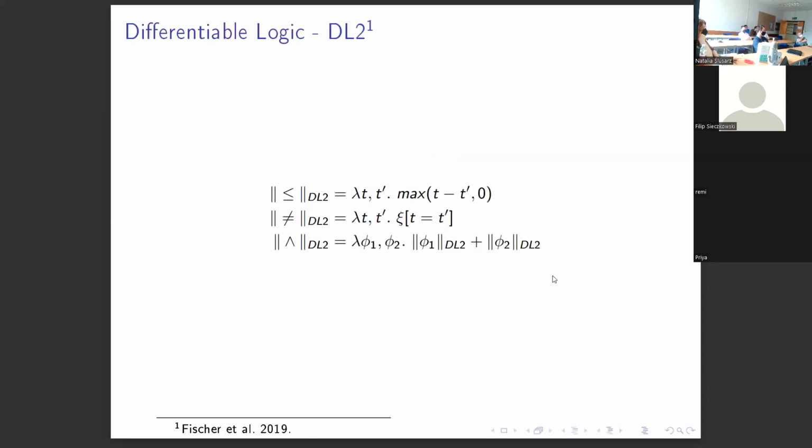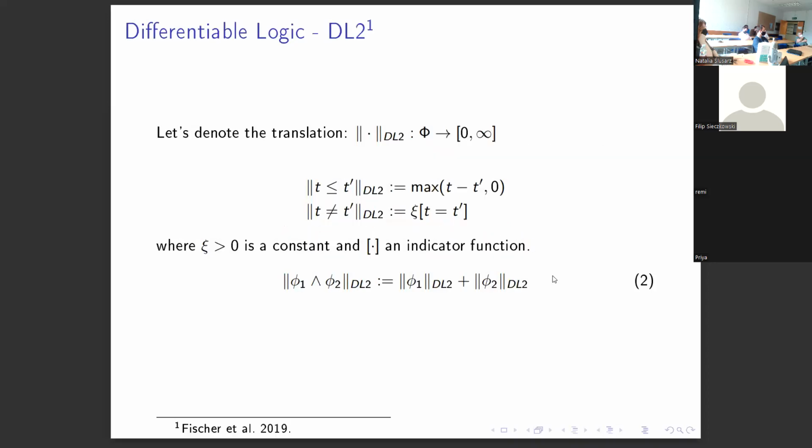Natalia, maybe it makes sense to go two slides back and tell everyone that here 0 is true and 1 is almost false. So if something is false, you want to penalize, and so you give a non-zero value. That's why, when you read max of t minus t prime, we want the max to return a larger value if this is false.